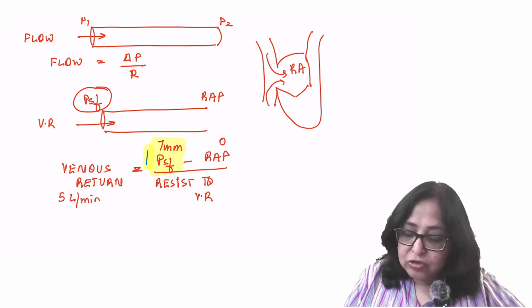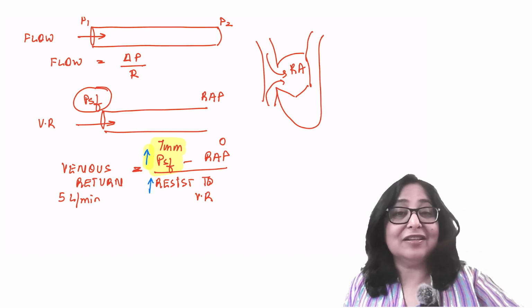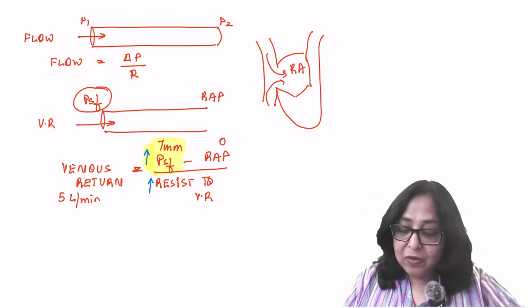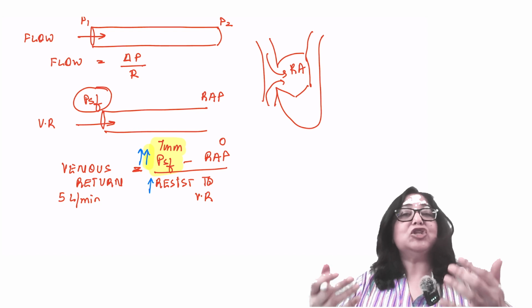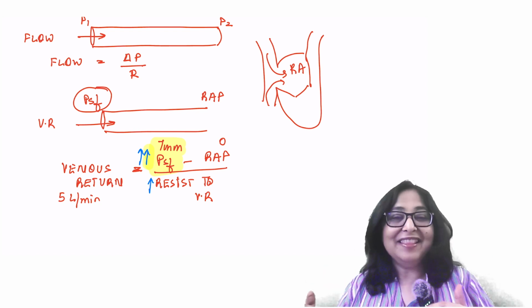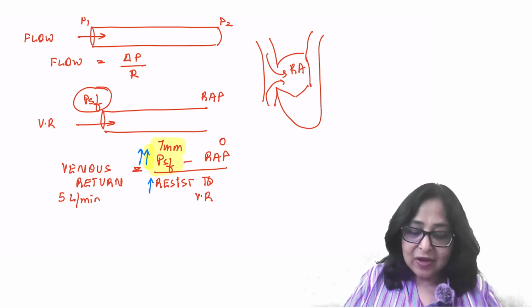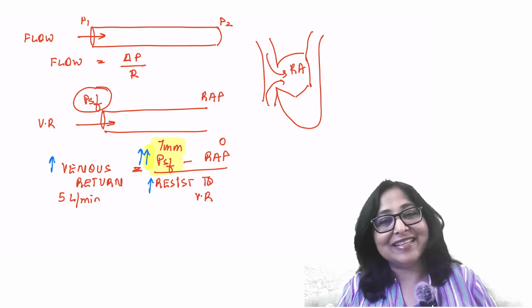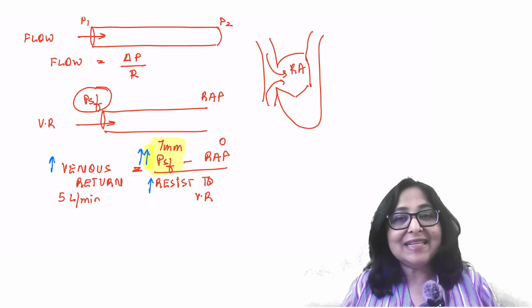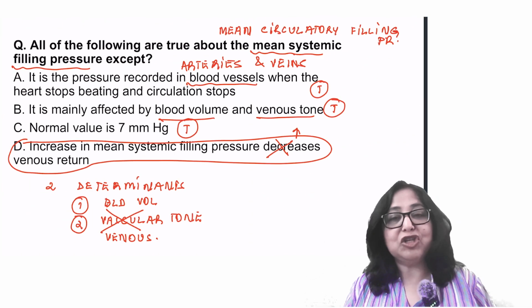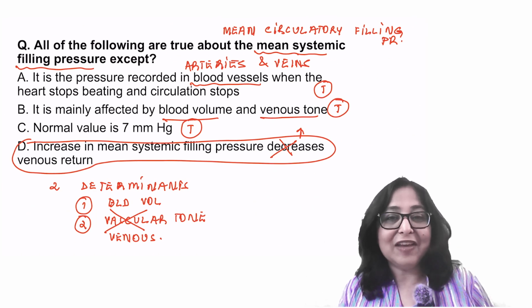Definitely. There will also be some increase in the resistance to venous return. But because the increase in mean systemic filling pressure is more than the increase in resistance to venous return, what will happen to venous return? Increases. So these are some important points about mean systemic filling pressure and how it affects venous return.